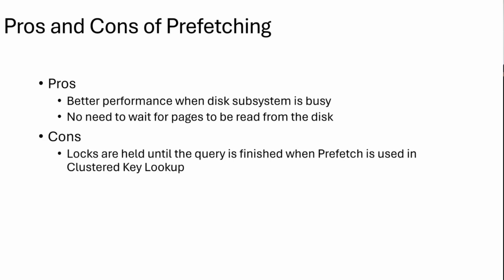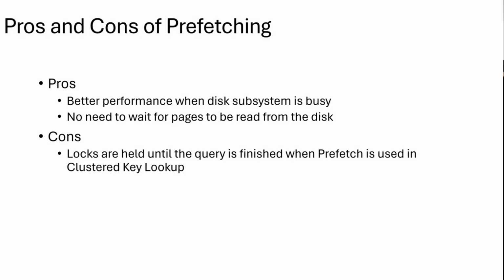other rows. The issue we can have with prefetching is locks are held until the query is finished when prefetch is used in clustered key lookup. So when prefetch is used when we are joining two non-clustered indexes, or we are joining two indexes in different tables, prefetching doesn't lock the pages or the rows.